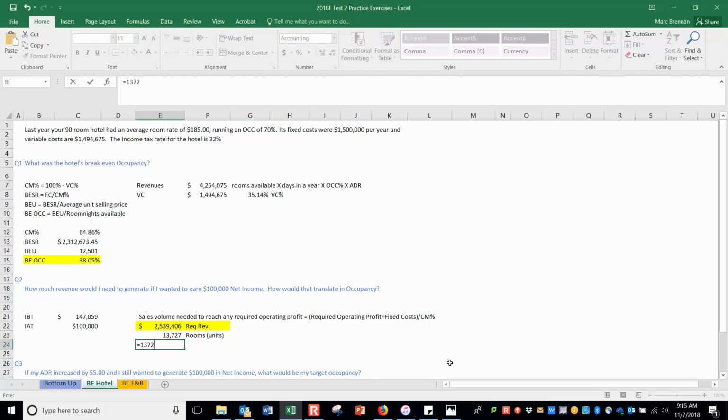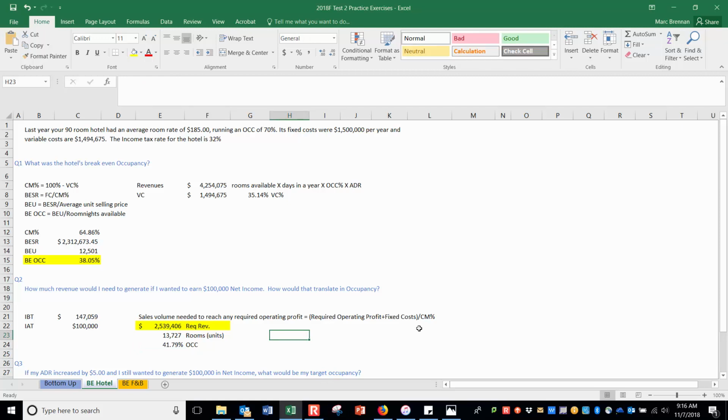Our 13,727 rooms are the rooms I need to achieve my $100,000 net income. I'm going to divide it by how many rooms I have available for the whole year. Okay? And that's going to give me a certain occupancy percentage. And we're definitely going to change that into occupancy, add 2 decimals, 41.79%.